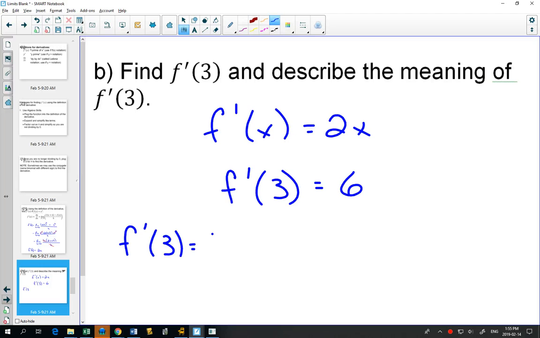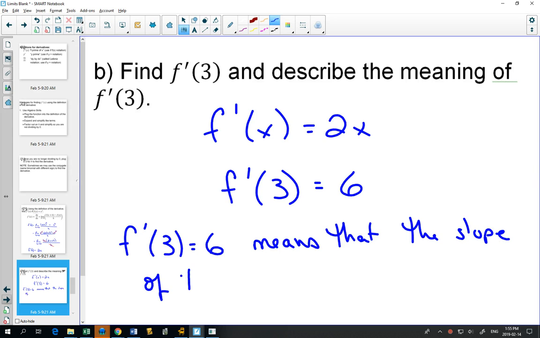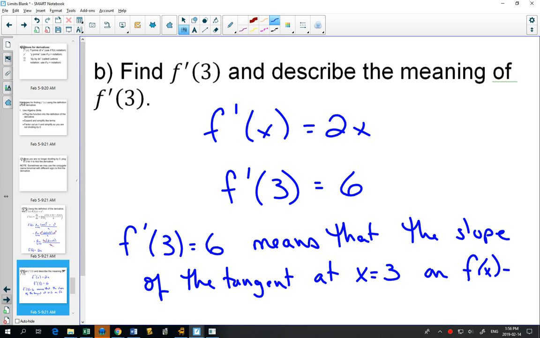F prime of 3 equals 6 means that the slope of the tangent at x equals 3 on f of x equals x squared, because that was our original function, is equal to 6.